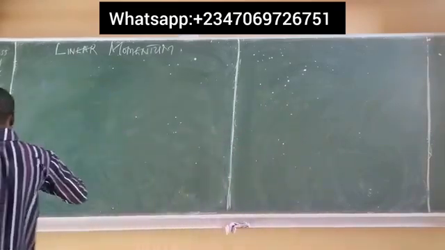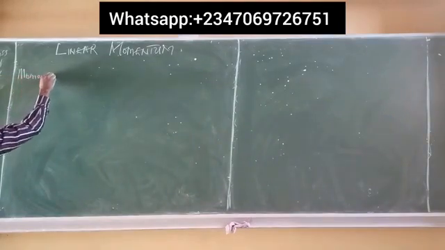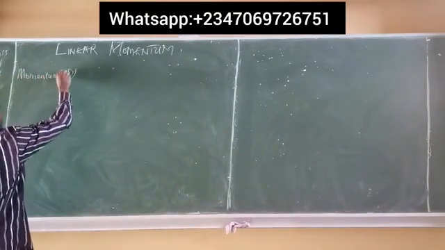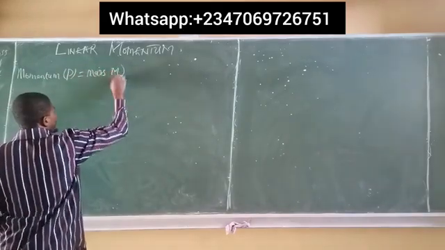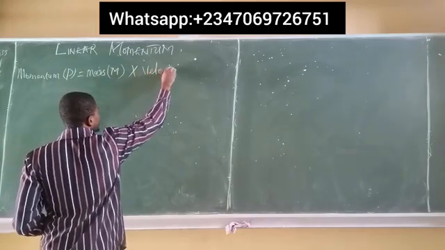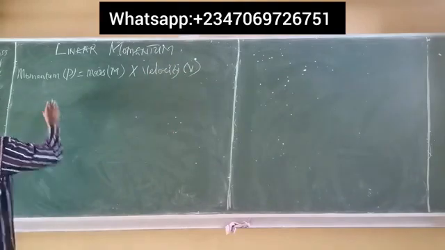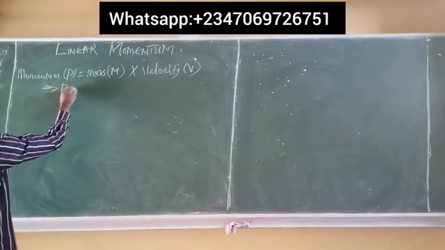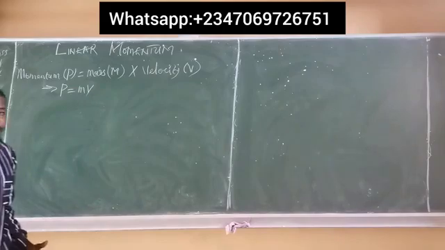Mathematically, momentum P is equal to the mass of the object multiplied by the velocity v. So we are simply saying that momentum is mass times velocity of an object.